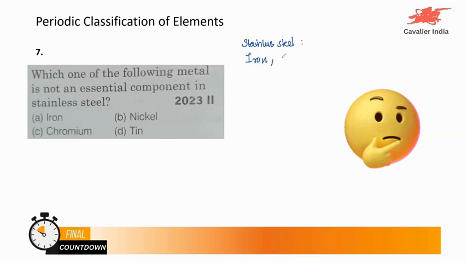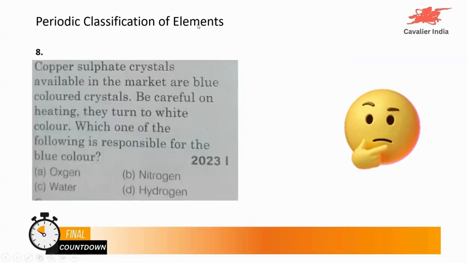Then chromium is also there. Nickel, you can also see nickel, okay. The question is which is not an essential component. The option is tin. The right answer is tin, option D.